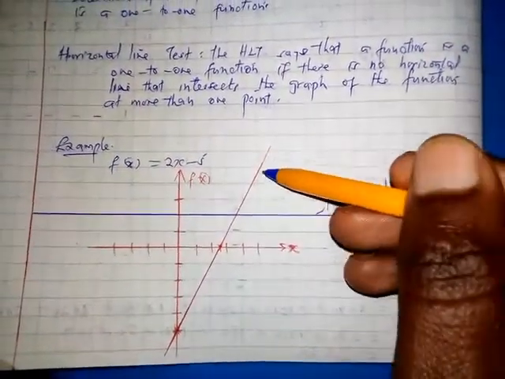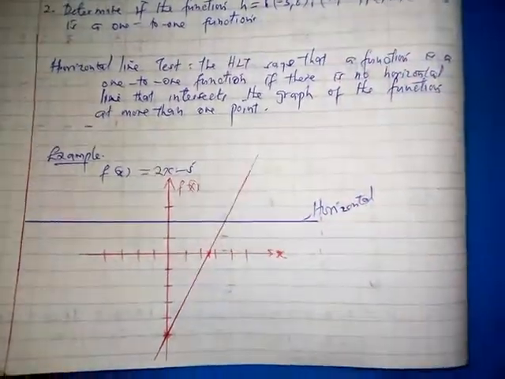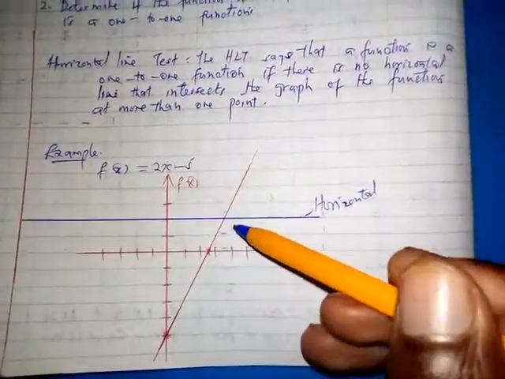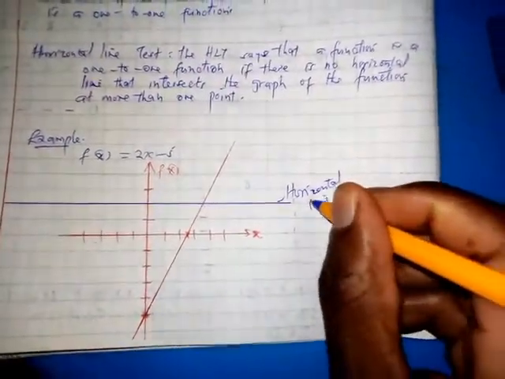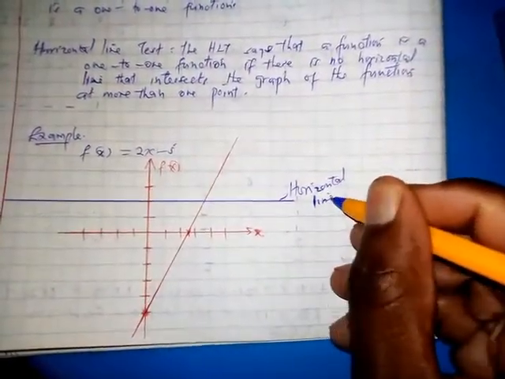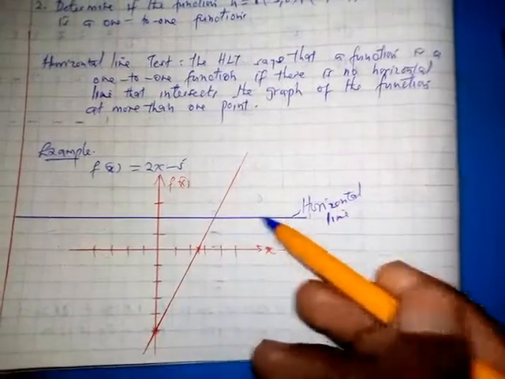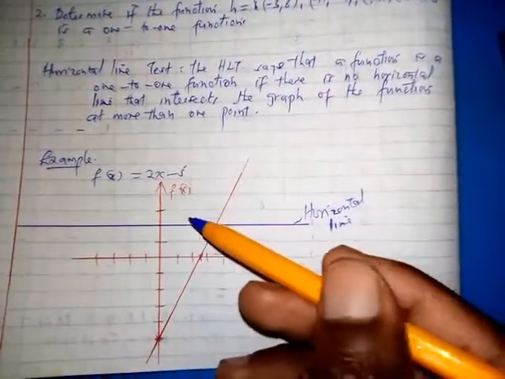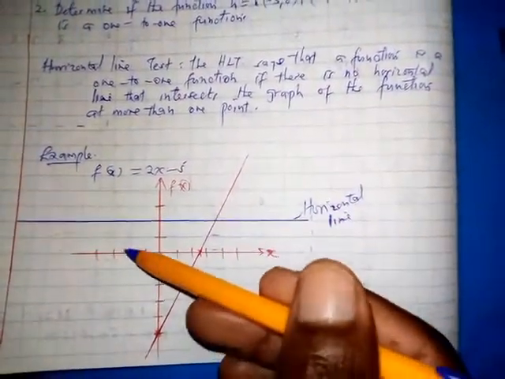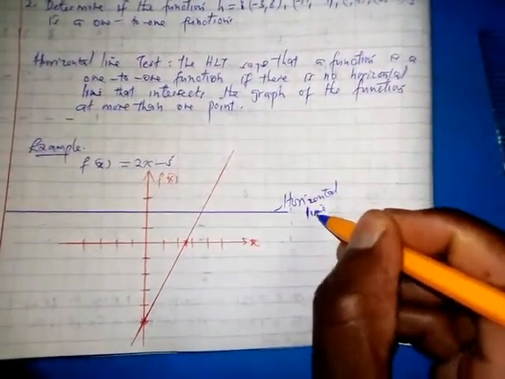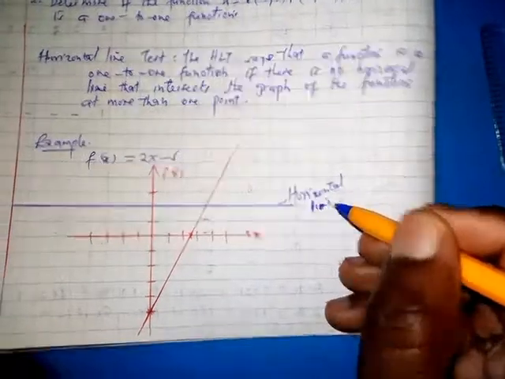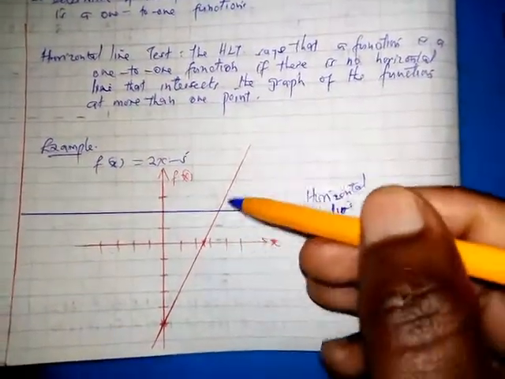However much you extend this line, this horizontal line will not cross it more than once. You can draw this line here or there, provided it's horizontal.